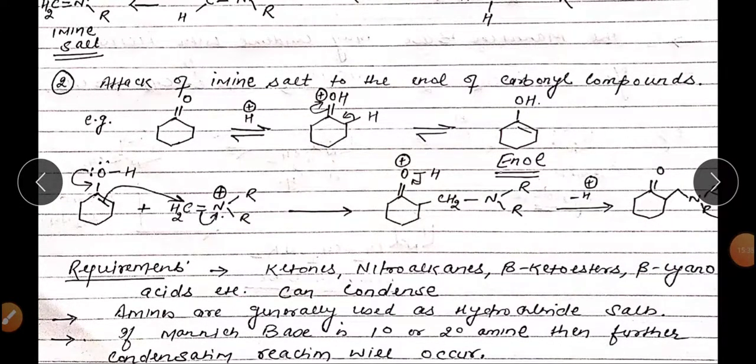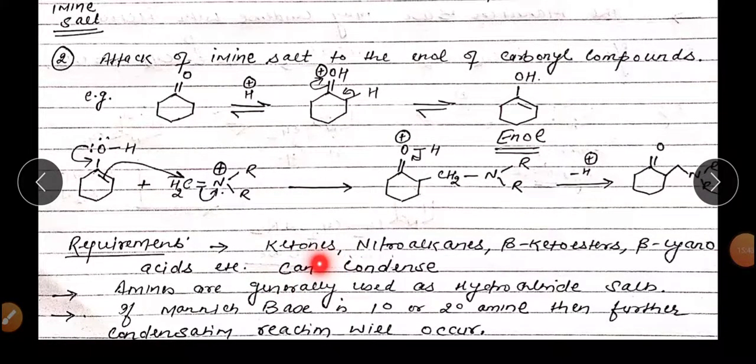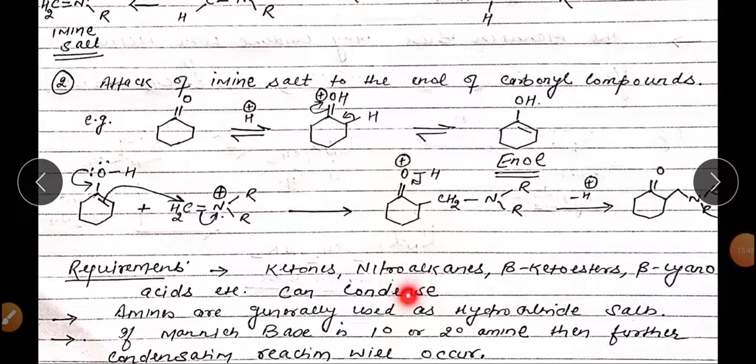Now, what are the requirements of this reaction? Ketones can undergo this kind of reaction. Nitroalkanes, beta ketoesters, and beta cyano acids are different substrates that can undergo this kind of reaction.